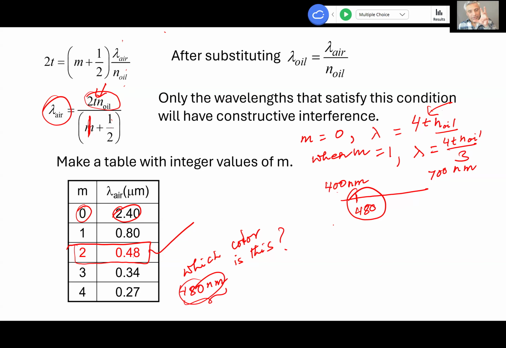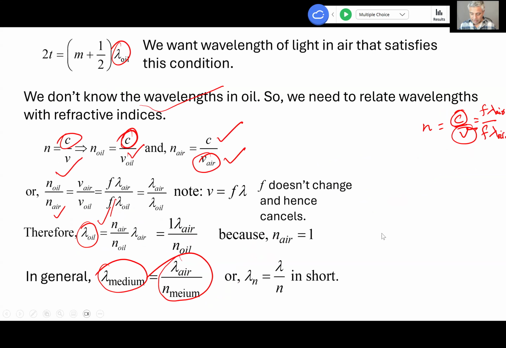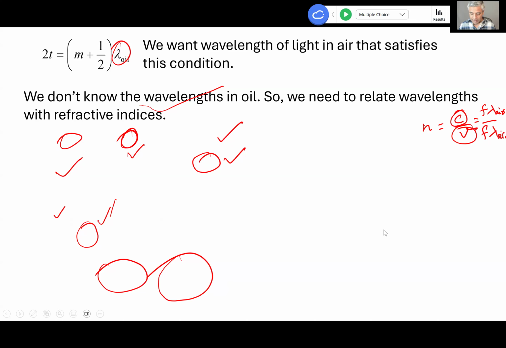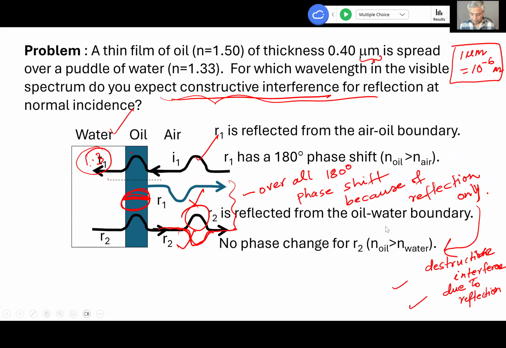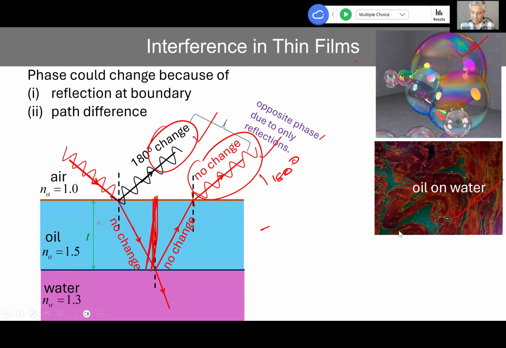So what you're going to see on the film, based on this question, is that it's going to look bluish rather than red. Let's see, we had that way back, but I want to see it. You see here there are bluish colors, reddish colors, purple colors.